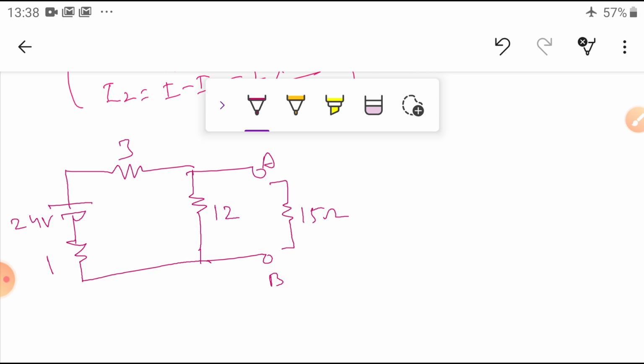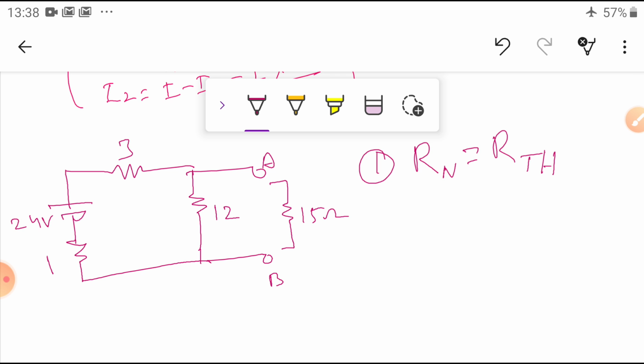Okay, dear students, this is the problem given. The first step is to calculate R Norton, or R Thevenin. For this purpose, simplify the circuit by removing the sources.